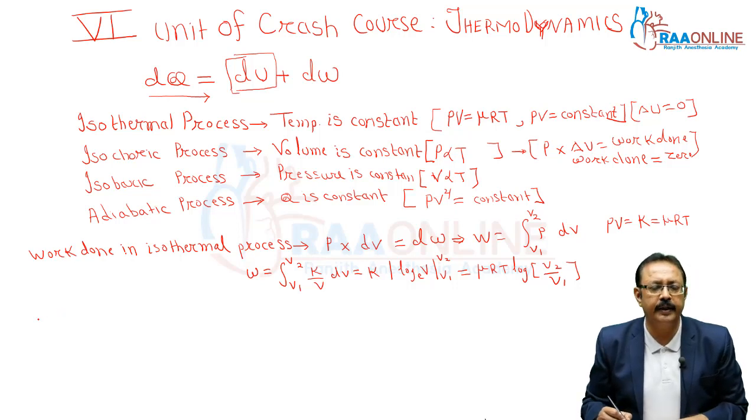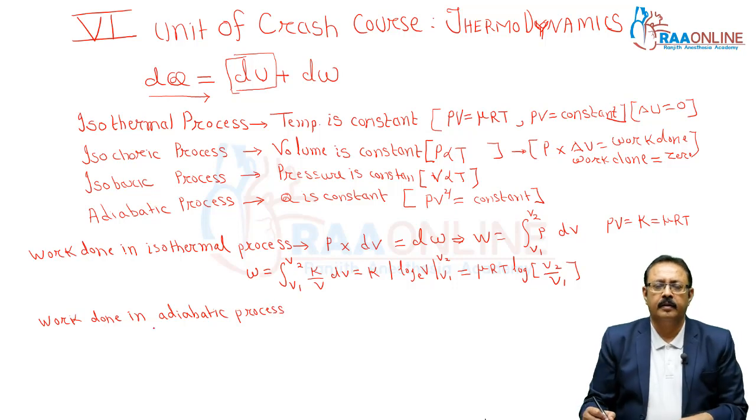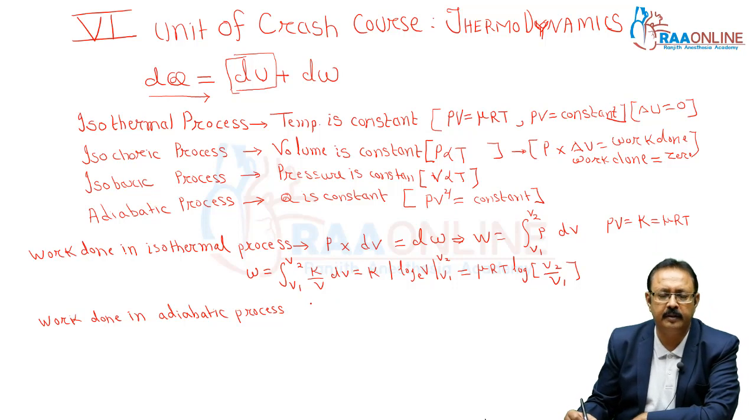If you want to calculate work done in adiabatic process, suppose we applied a pressure P to change the volume by dV. So work done should be integration of this.